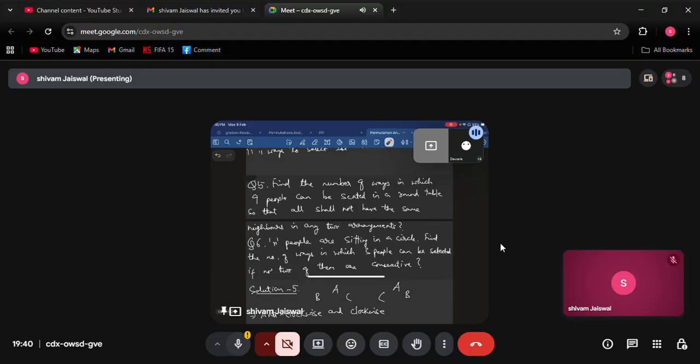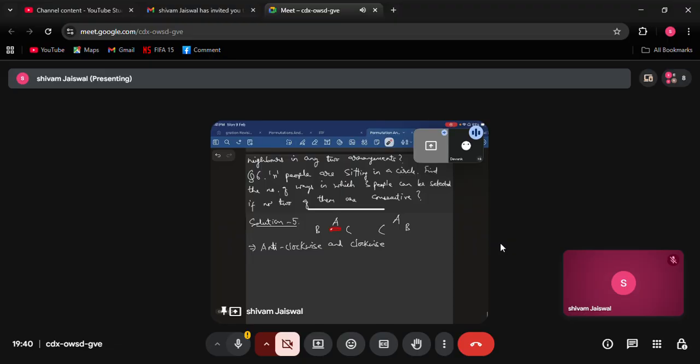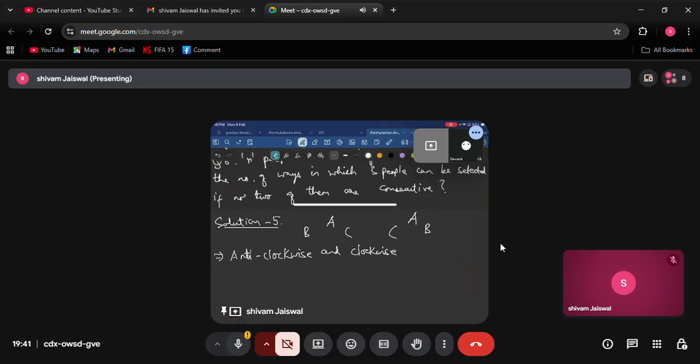A should not have the same neighbors B and C in another arrangement. That is why we need to count the clockwise and anti-clockwise arrangements same only.